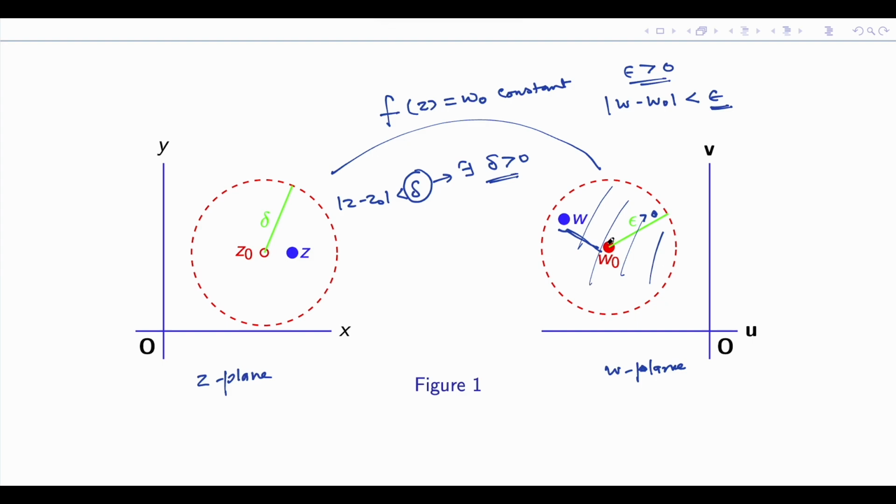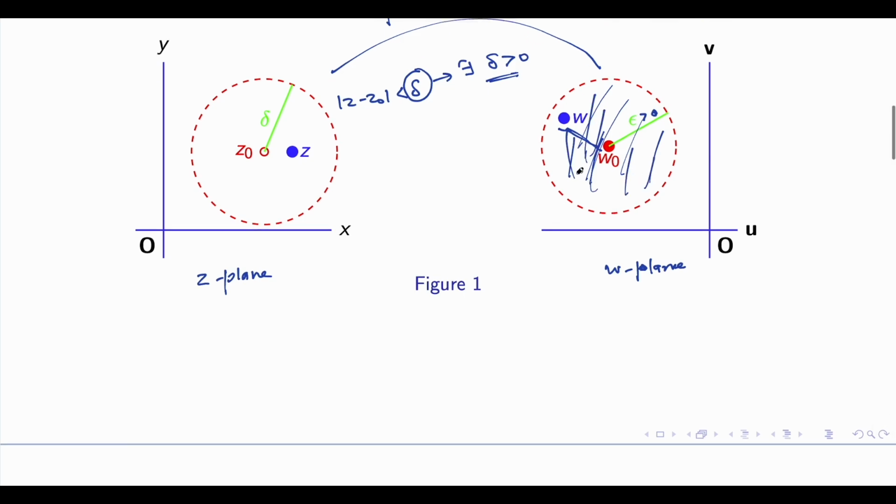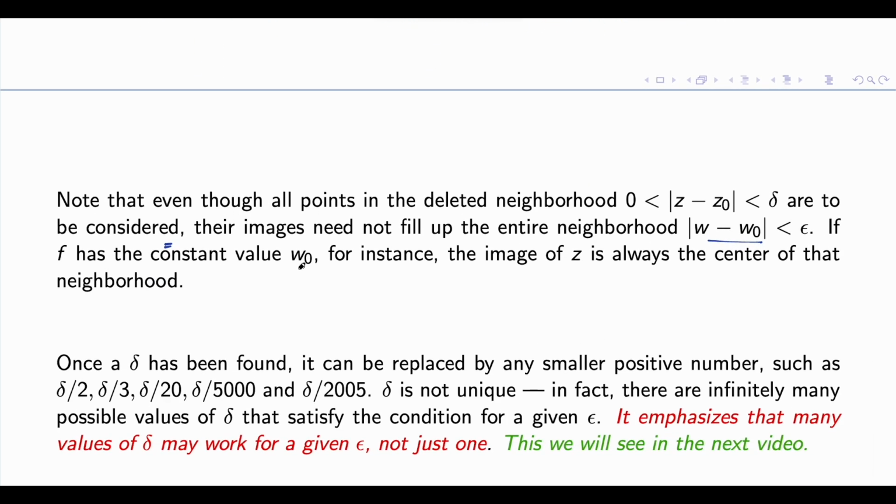So it need not fill the entire epsilon neighborhood. If f has the constant value w naught, for instance, the image is always the center of that neighborhood.